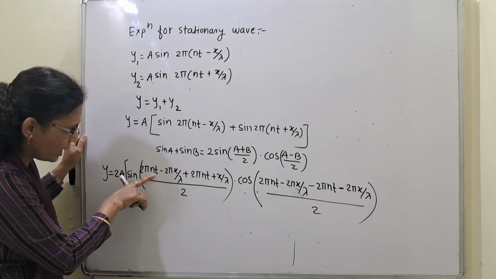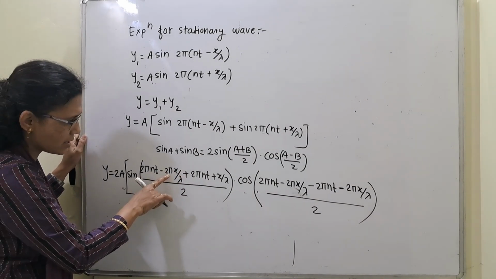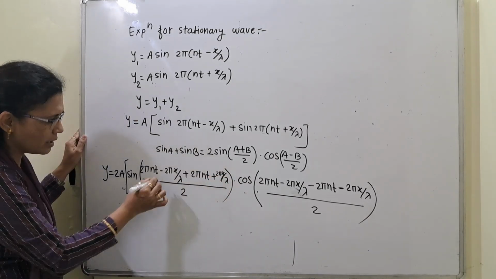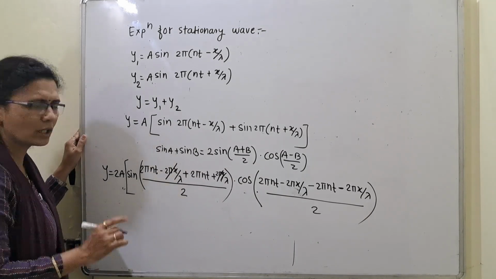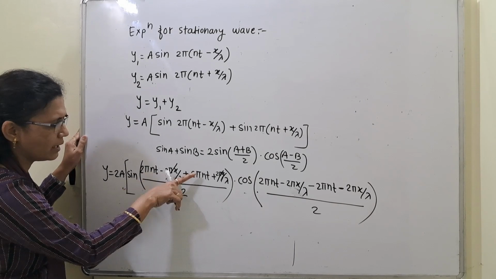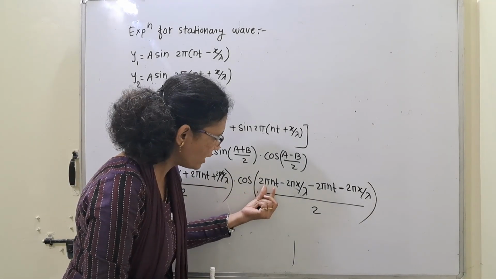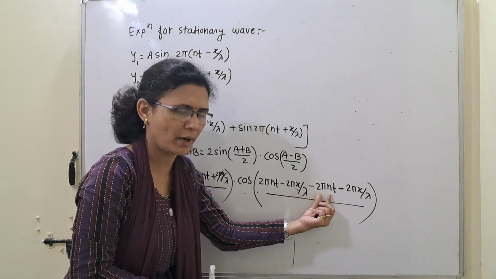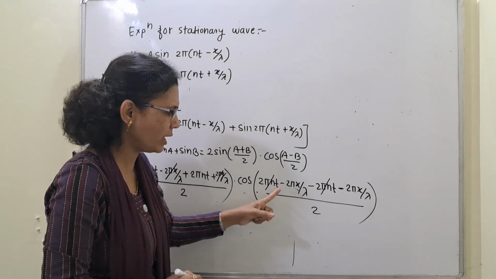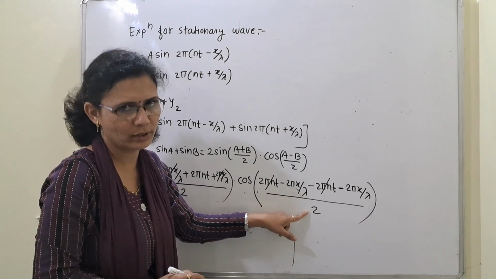Here 2 pi n t, here 2 pi n t, these two terms are plus, but this is minus and this is plus. Here also 2 pi x upon lambda. Therefore, these minus and plus terms will get cancelled, and what will remain here? It will be 4 pi n t upon 2. Right? And here in this case, 2 pi n t is plus and this 2 pi n t is minus. Therefore, 2 pi n t will get cancelled. And what will remain here? That is minus 4 pi x upon 2 lambda.